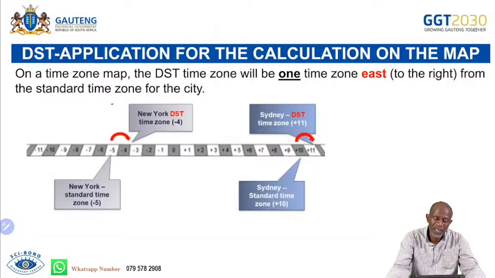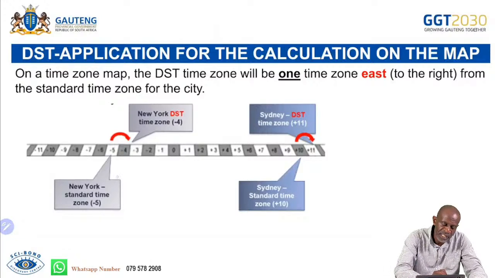Daylight saving time application for the calculation on the map. So how do we apply daylight saving time on the map? Here you are given the case of New York, which we spoke about, that it is at -5, as you can see it's indicated.